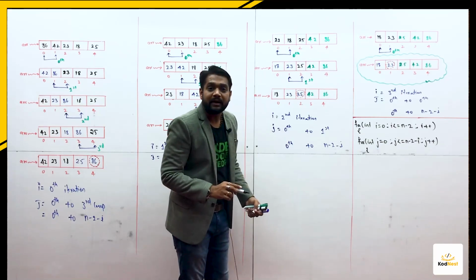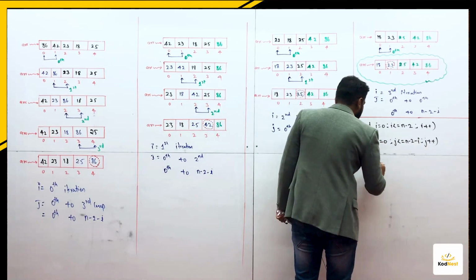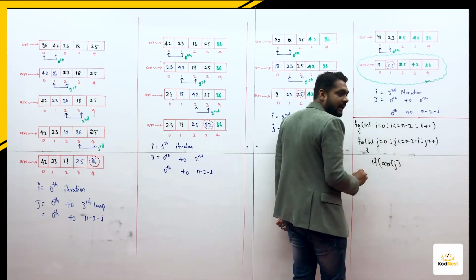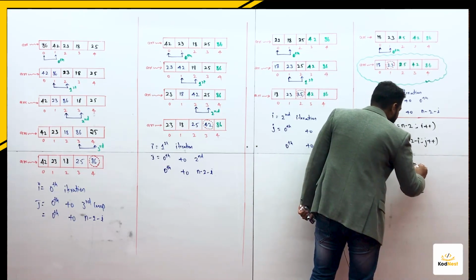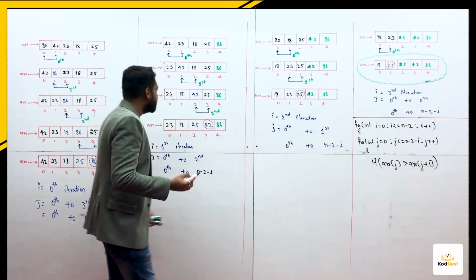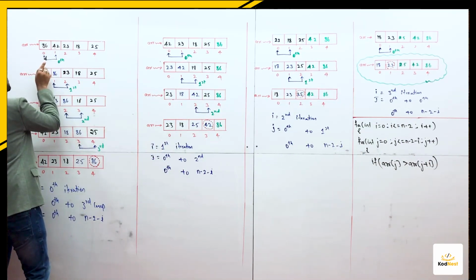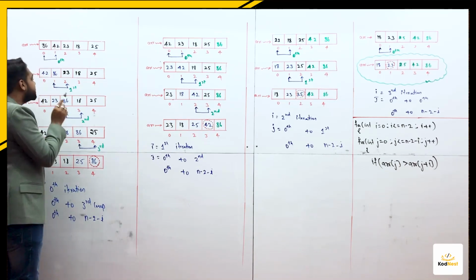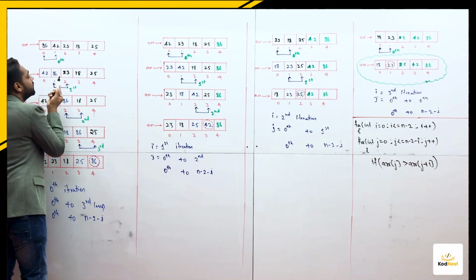How are we doing the comparison? We are checking whether array of j is greater than array of j plus 1. If j is 0, is array of 0 greater than array of 1? If it is greater, we are swapping. If j is 1, is array of j greater than array of j plus 1?